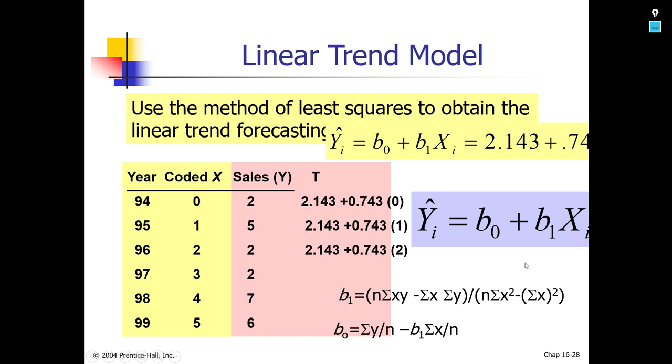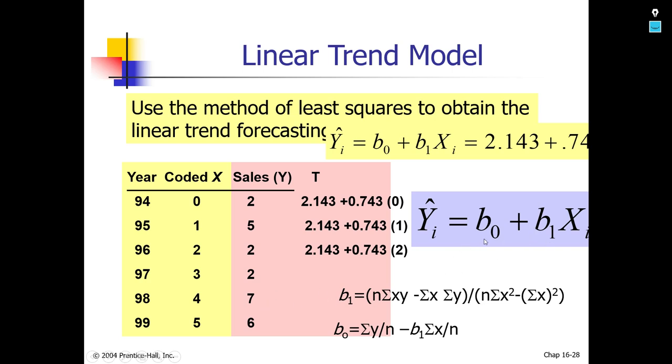So to find the regression line, to find the trend line, we use the least squares method by applying the regression line.